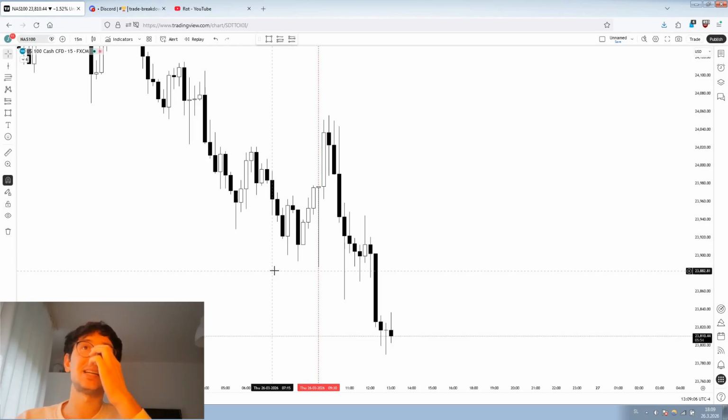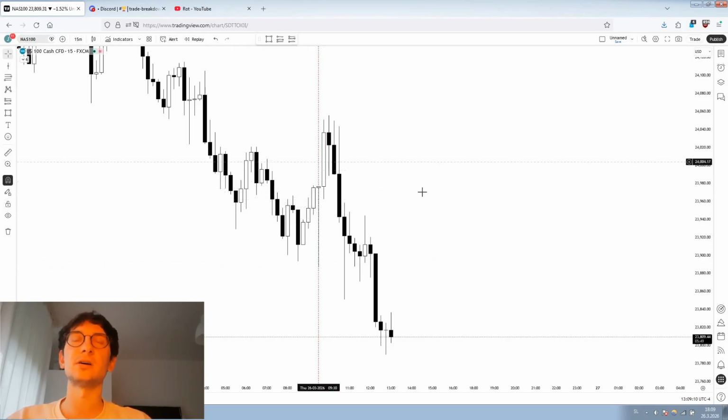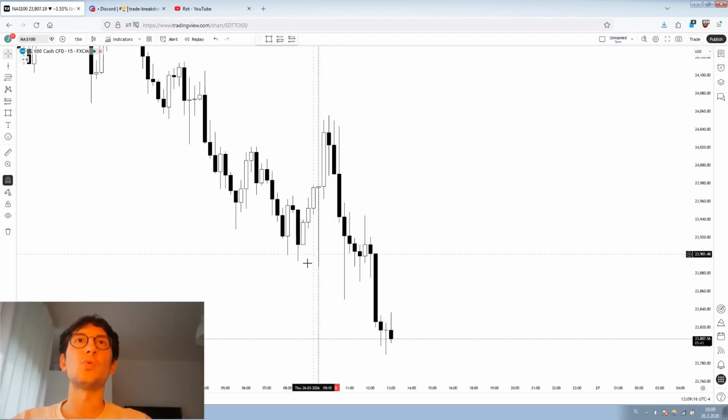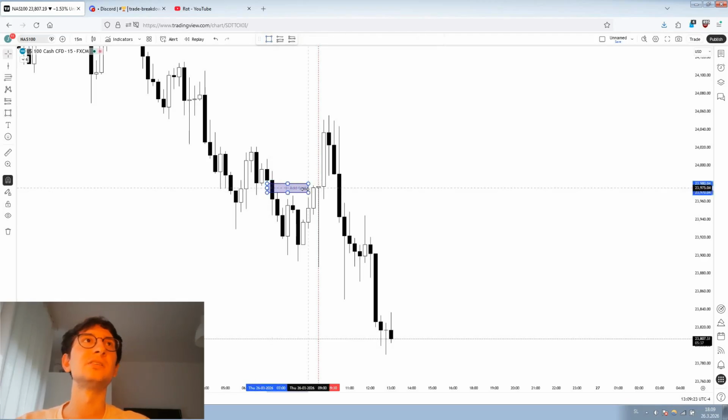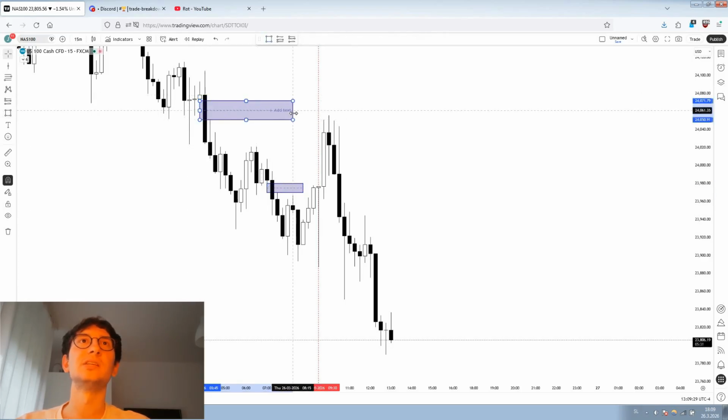Let's pretend that we still don't see anything on the right side of this red line that represents the New York market open. So what do we have over here? I can immediately see one bearish fair value gap like this. Then we have another fair value gap like this.